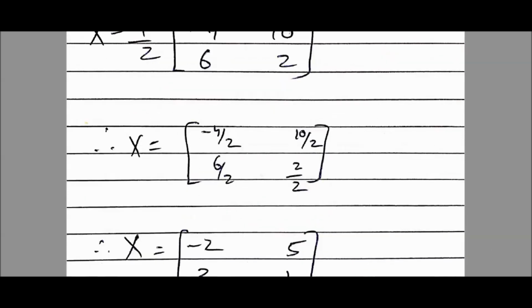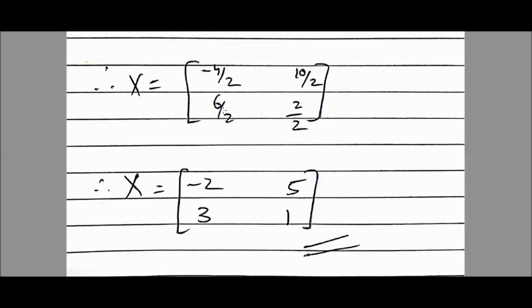So now minus 4 upon 2 is minus 2, 10 upon 2 is 5, 6 upon 2 is 3, 2 upon 2 is 1. This is the answer, matrix X. Hope, students, you understood the concepts. Thank you.